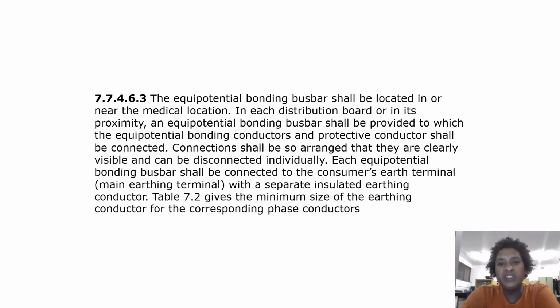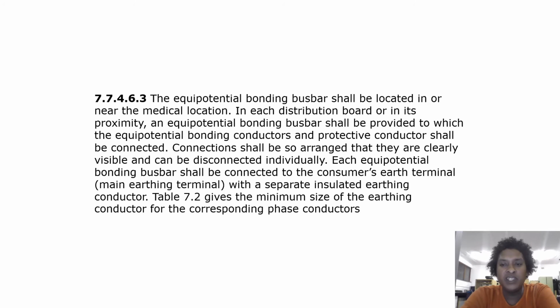The equipotential bonding bus bar shall be located in or near the medical location, in its distribution board or in its proximity. An equipotential bonding bus bar shall be provided to which the equipotential bonding conductors and protective conductors shall be connected.